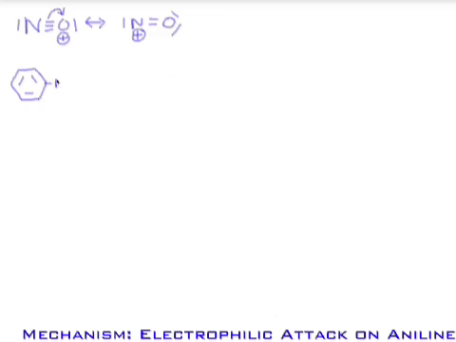If I draw NH2 with a lone pair, NH2 with a lone pair can react with my nitrosonium ion, positive charge on nitrogen, attracts the lone pair electrons. You might wonder why the electrophile does not attack the aromatic ring.